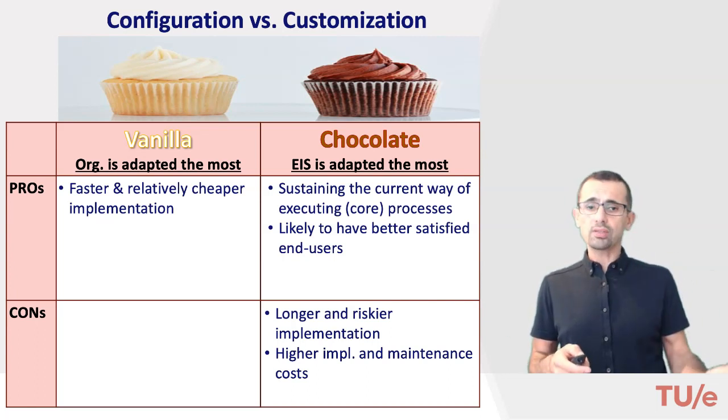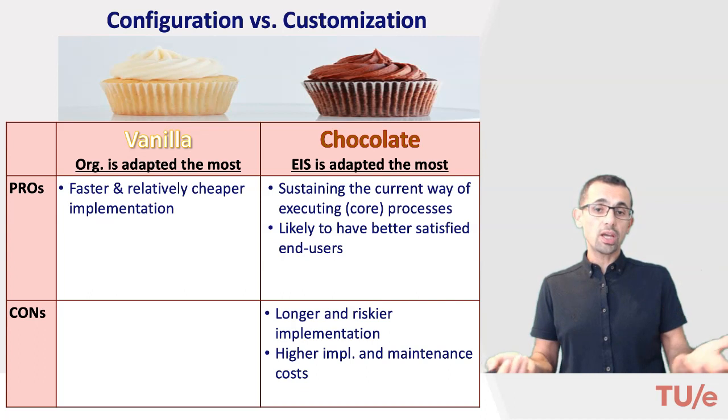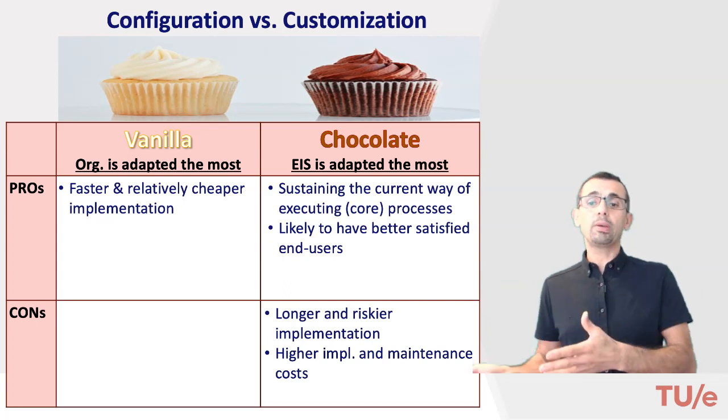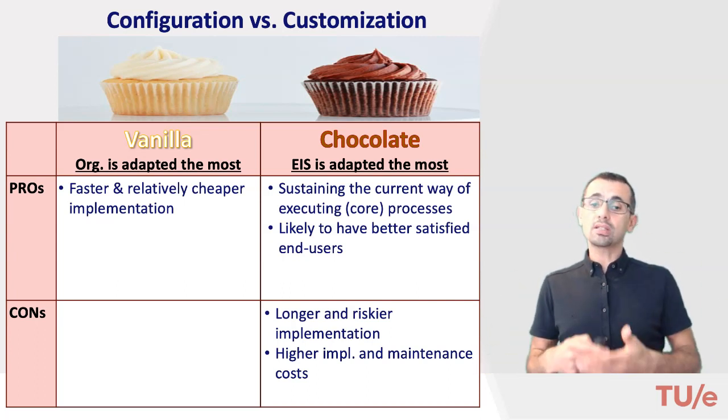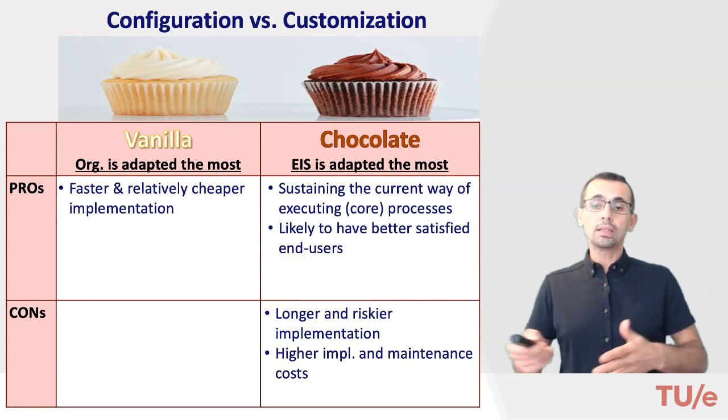Of course, this might as well be a disadvantage if your processes are inefficient, but yet you have the chance to preserve your way of handling your business. That's the core processes that differentiate you from your competitors. As a side product, you will likely have better satisfied end users, as the changes in their practices will be, let's say, less.